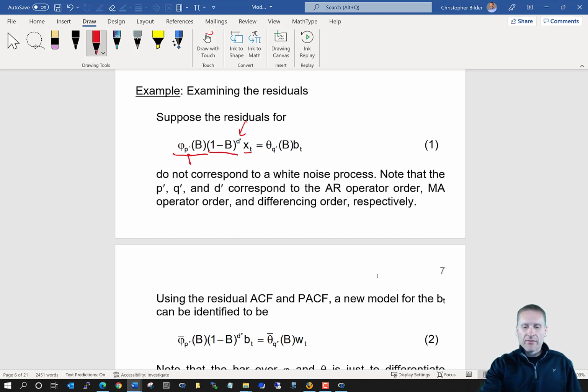We have x_t. We have the moving average operator as well. It has an order of q prime. And rather than having W_t there, I'm going to use B_t, which plays the same role as W_t would normally, but B_t here is not necessarily our white noise.